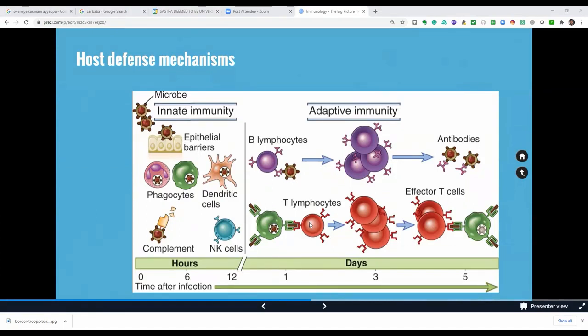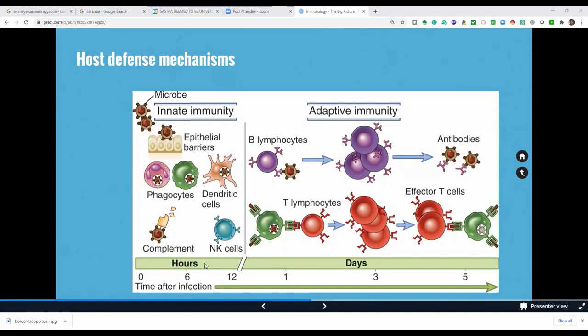So as I said, there are two types, innate and adaptive immunity. Whenever any pathogen enters the body, or is trying to enter the body, at the very initial stage, here you can see at the bottom the labeling 0, 6, 12, that is 0 hour, 6 hours, and 12 hours.